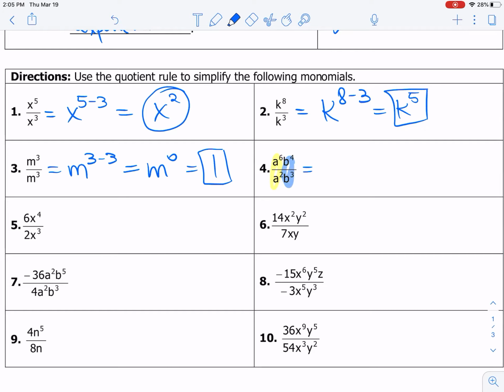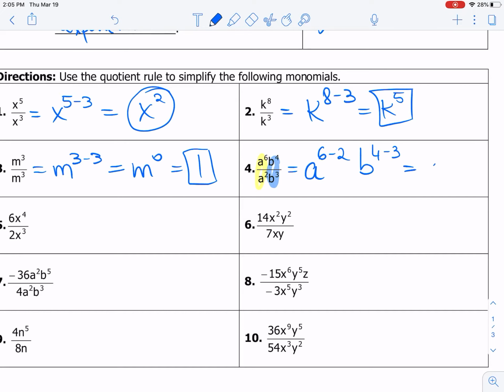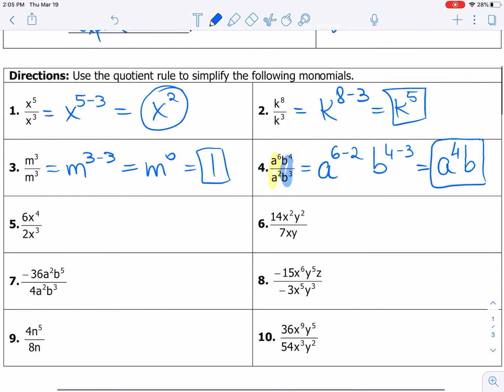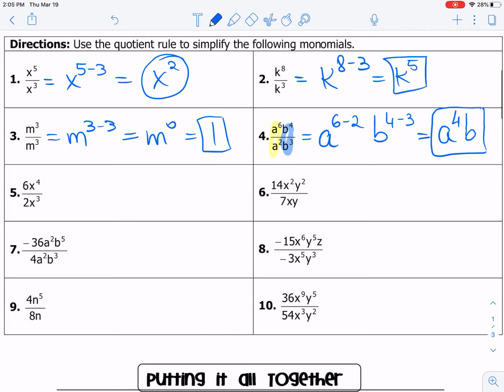So I have a to the 6 minus 2 and b to the 4 minus 3. So in this case, a to the 6 minus 2 is 4, and b to the power 4 minus 3 is 1. So we don't have to put it. Remember, exponents of 1, we don't have to put it.